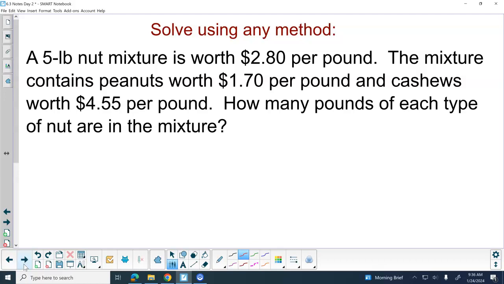What are we thinking? P for peanuts, C for cashews? Might as well. So P is for peanut pounds, C is for cashew pounds.